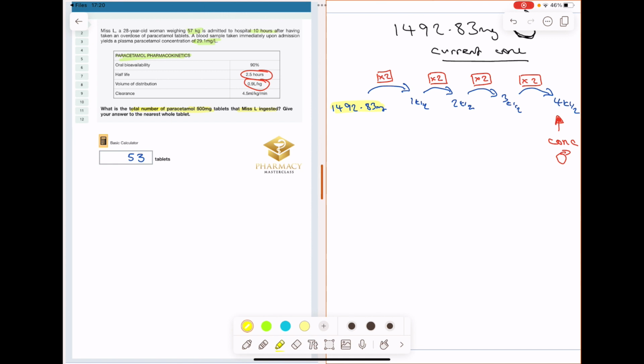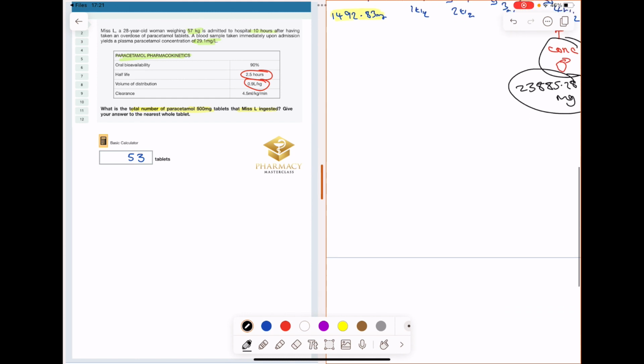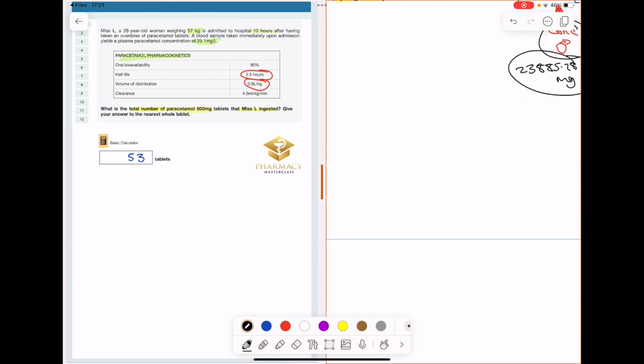And that gives me a final answer of 2388.28 milligrams. So that is the final concentration that my patient has got. Sorry, not final, apologies, starting concentration that my patient has had in their system.